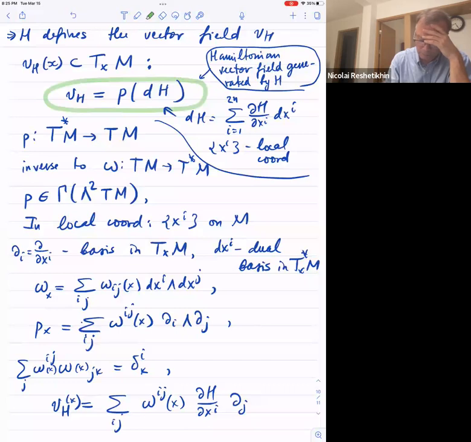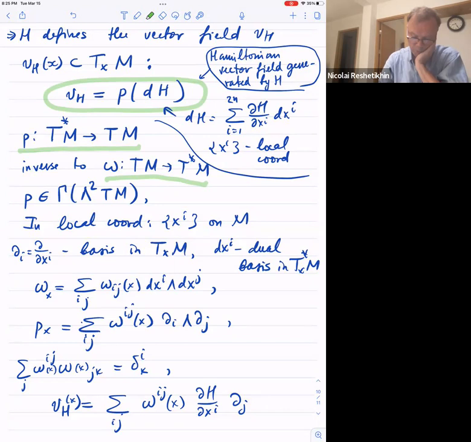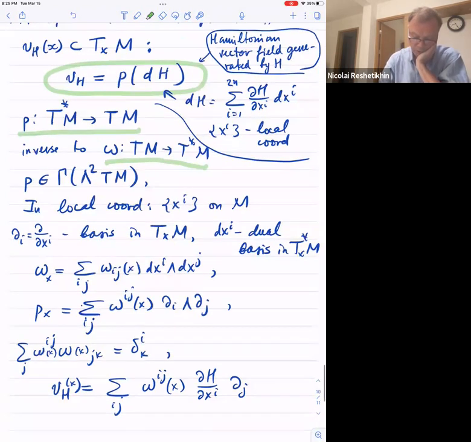So then, invariantly, P is just the inverse map to the isomorphism between the tangent bundle and the cotangent bundle that's given by the symplectic structure. And in local coordinates, we have these two dual bases on the tangent and the cotangent bundle.